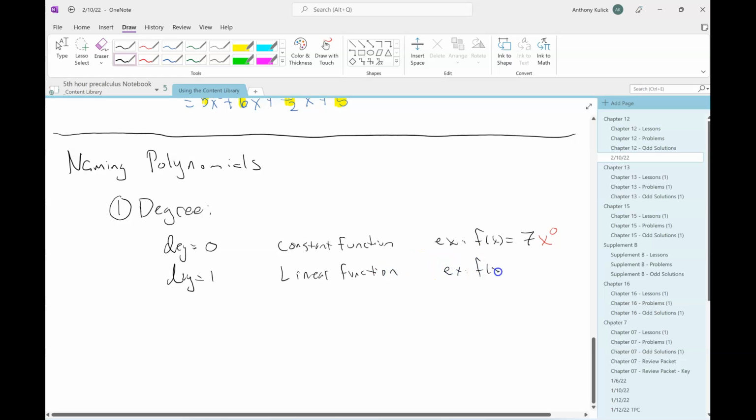So an example there might be y equals x plus 5 or something. If the degree is 2, that's called a quadratic function. So that could be something like x squared plus 3x plus 2.